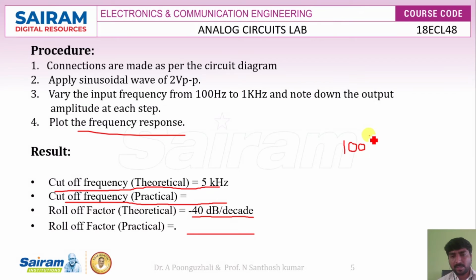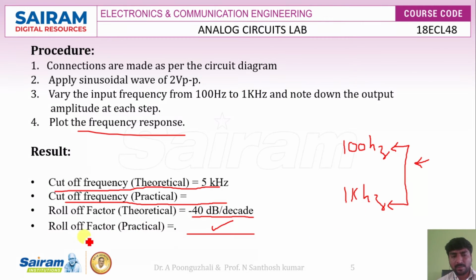For example, say you are varying your frequency from 100 hertz to 1 kilohertz. This will be our one decade, right? So for one decade of frequency, how much is the gain varied? That represents the roll off.